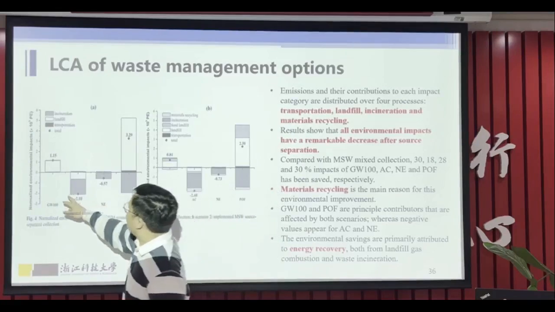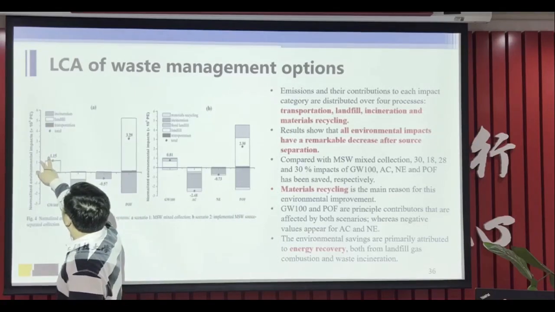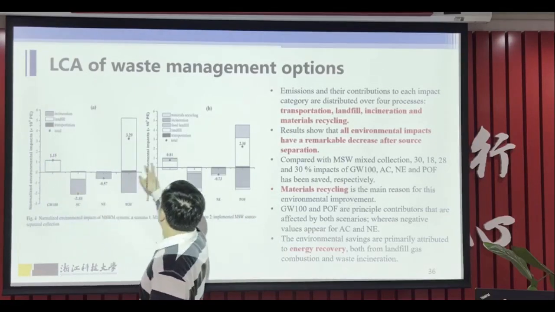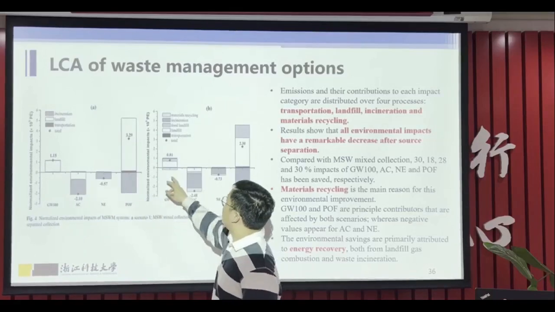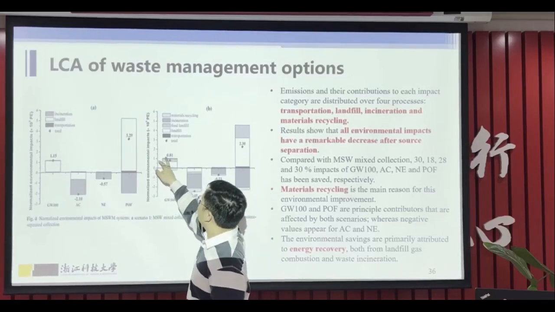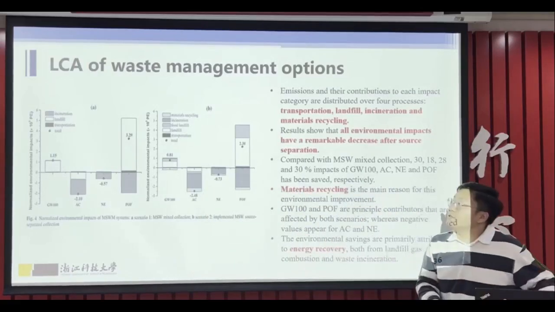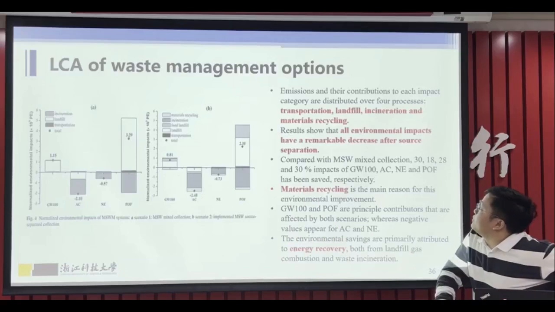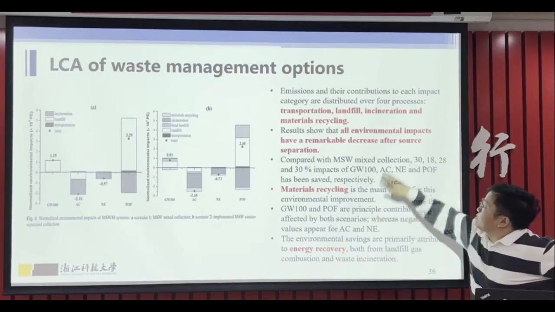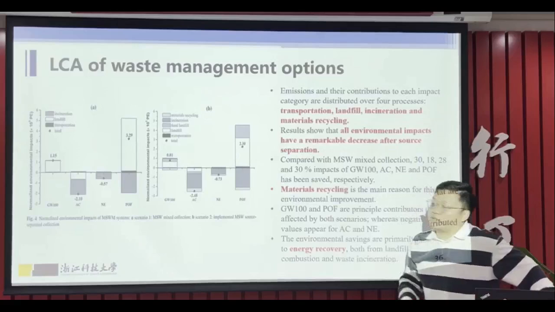For example, the first one, global warming potential, is 1.15, and after source separation, the total emission becomes 0.81. So there is a remarkable decrease after source separation collection of municipal solid waste.